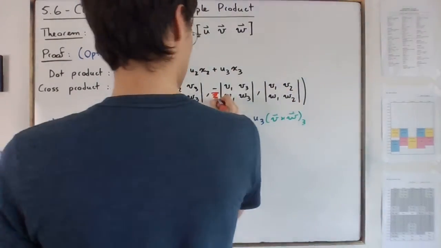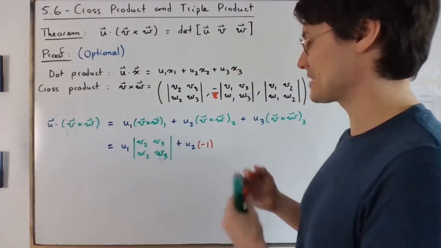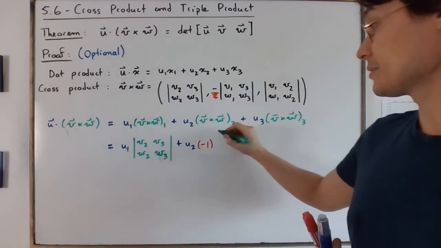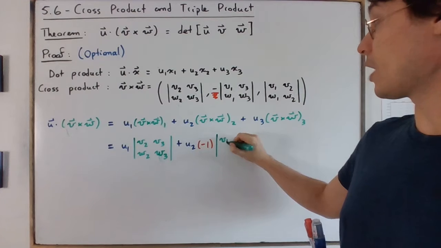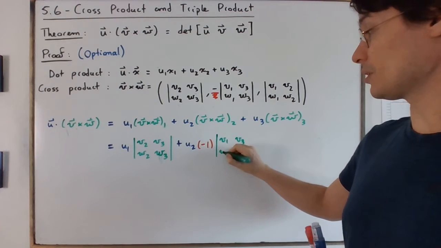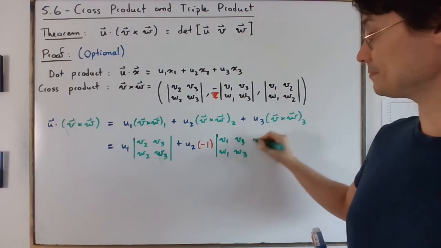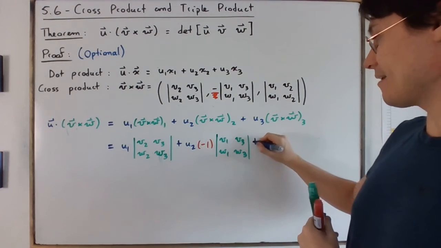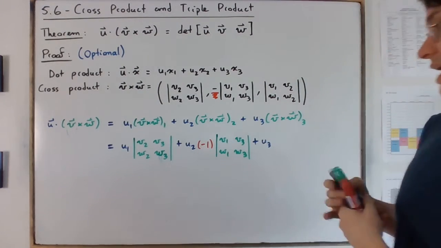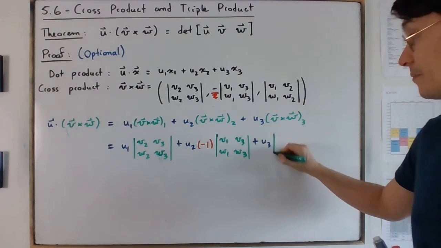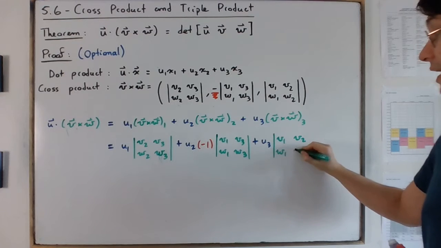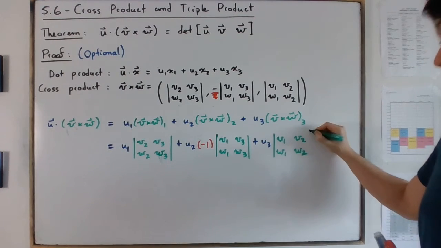This is going to be our minus 1 that pops out here, times this determinant: v1, v3, w1, w3. And then finally, we have u3, and then this determinant right here: v1, v2, w1, and w2.